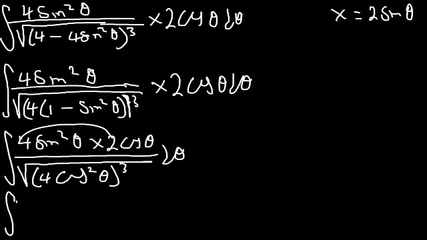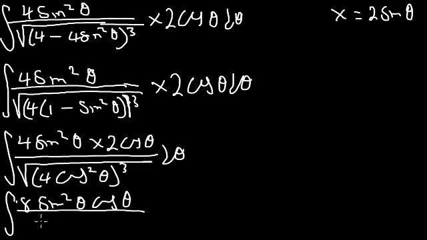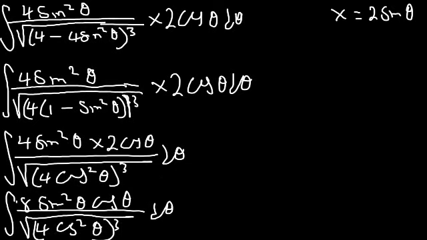If I multiply 4 and 2, that will be 8 sine squared theta cosine theta, all divided by the root of 4 cosine squared theta, all raised to the power of 3, d theta. Now, let's distribute the cube that we have over there.